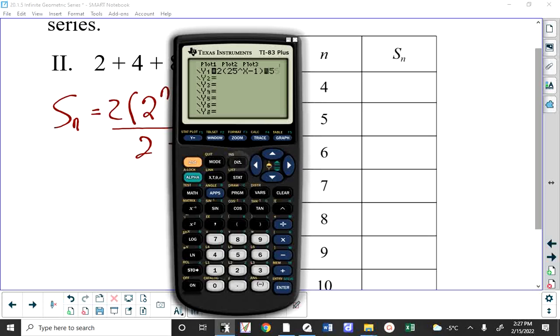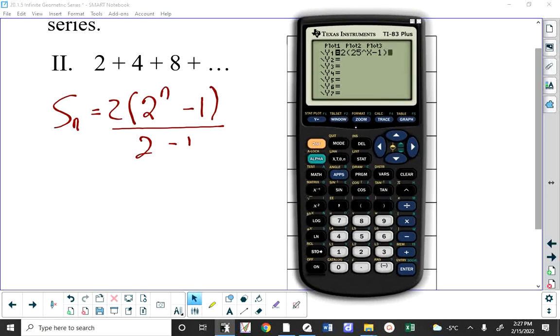Of course, I don't really need to divide by anything because 2 minus 1 in the denominator is 1. So I go to my table, and let's just see if this makes sense. Is the sum of the first term 2? Yeah. What's the sum of the first two? 2 plus 4 is 6. That's right. 2 plus 4 plus 8 is 14.